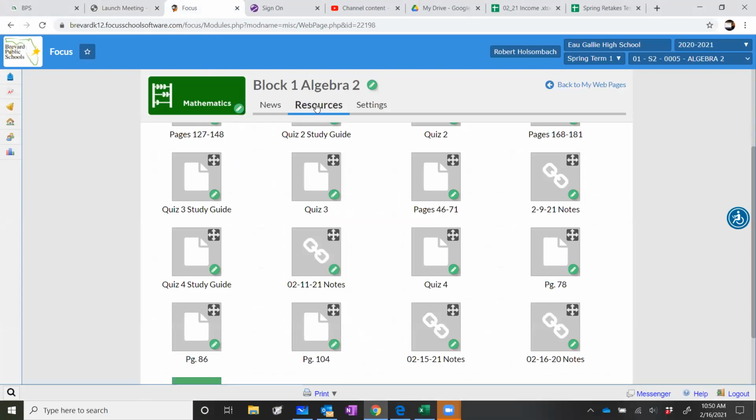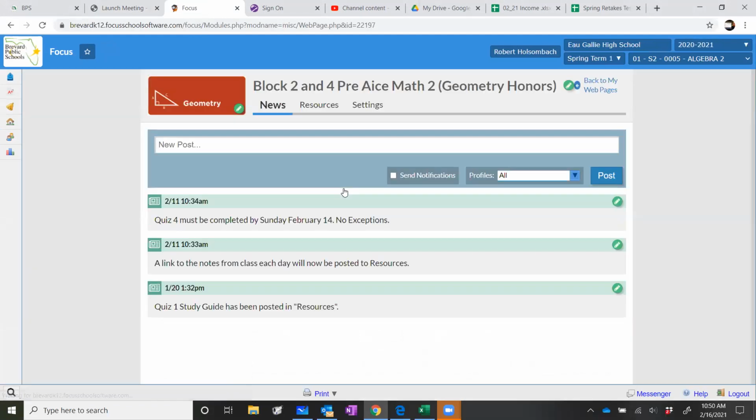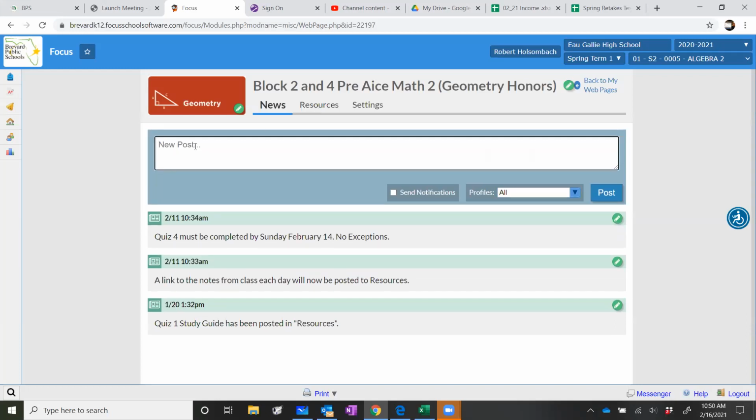Under this Resources tab. At the beginning of each week, I will upload pages to this Resources tab. So I'm going to tell you right now that homework questions will be from the pages uploaded to the Resources tab.